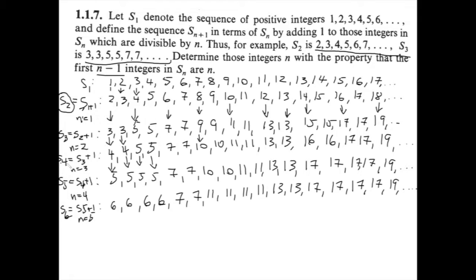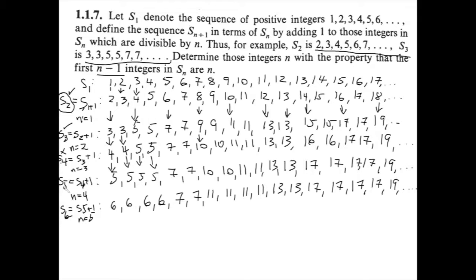What about S4? For S of 4, n minus 1 would be 3. So are the first three integers 4? 4 does not work for S4. So we should note that. So for S2, yes. S3, yes. S4, no. What about S5?